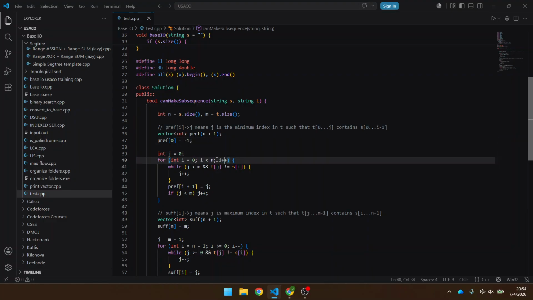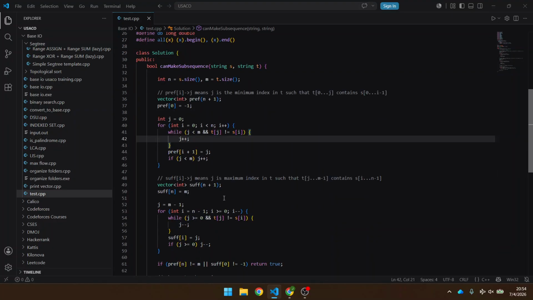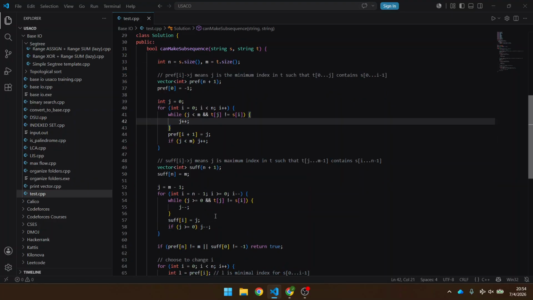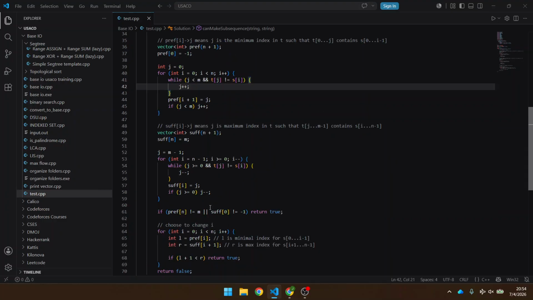For every position, while this pointer is less than m and it's not equal to the current si, j++, and then pref I plus 1 equals j. We set it. And then if j is less than m, j++, because we gotta go to the next index. Suff is almost the exact same thing except reversed. And yeah.